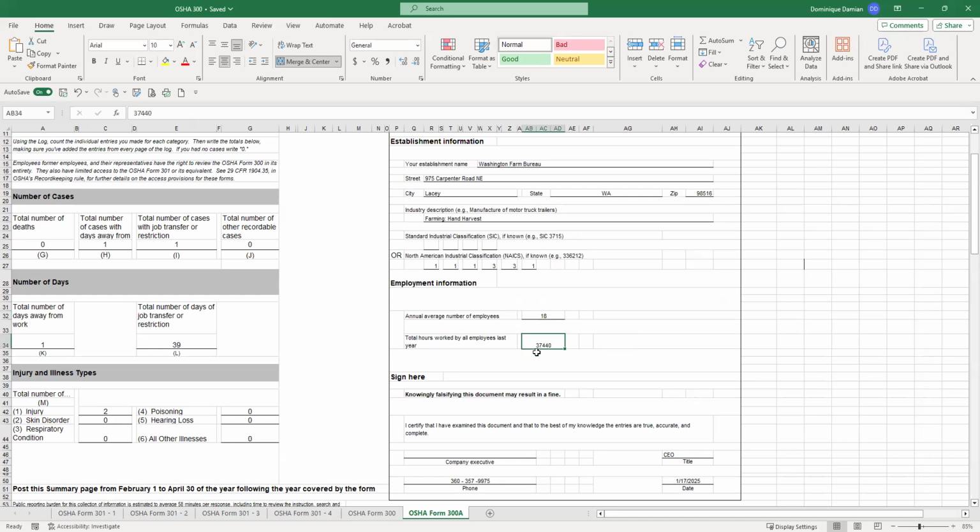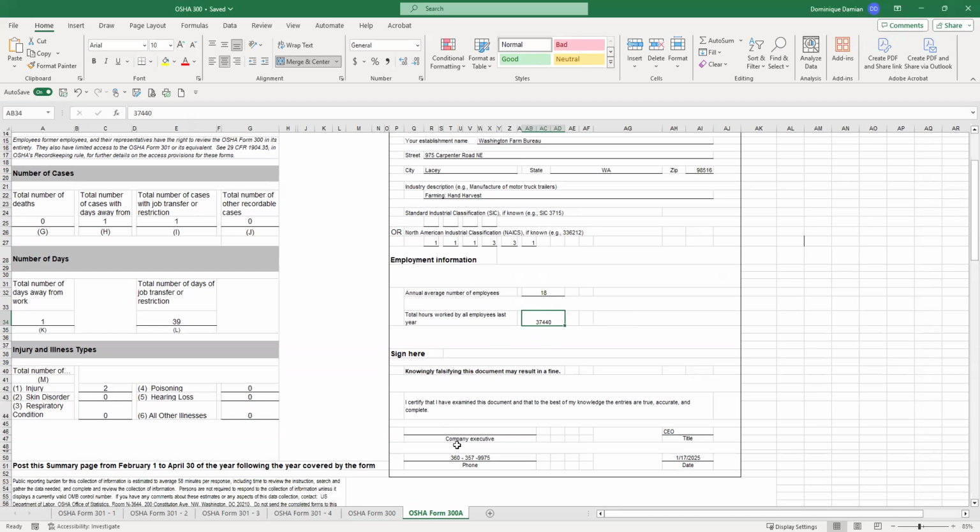You should have an average number of hours worked by employees. There is a calculation in the rule if you need it. I don't think I included that on the cheat sheet. And then if you need help with that, we can help with that too. Figuring out the average number of employees by using your quarterly reports and things.